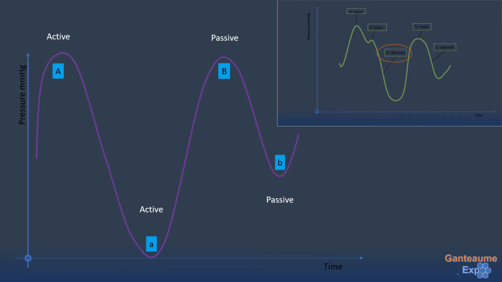Also occurring here is the C wave. So we just explained that this trough is as a result of the right ventricle contracting. When this happens, there's a state where right ventricular pressure is building, but it hasn't reached enough pressure to open the pulmonary valve as yet. So all the valves relating to this right ventricle are bulging due to the increased pressure.